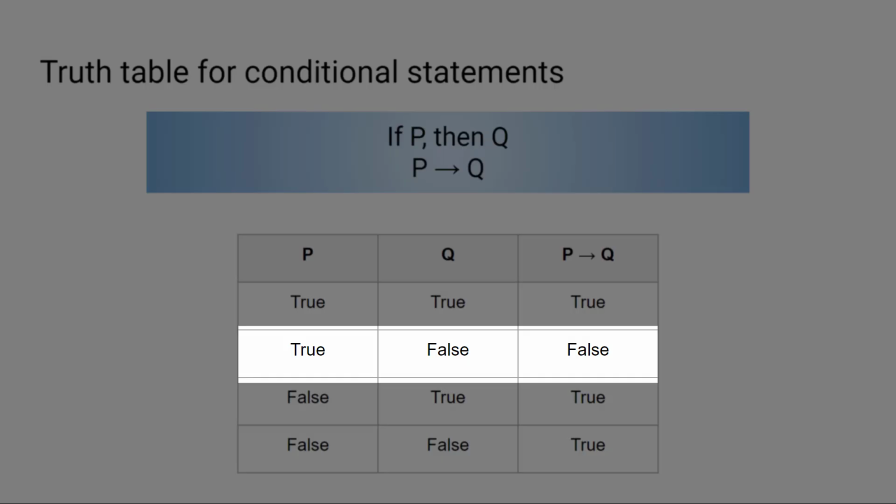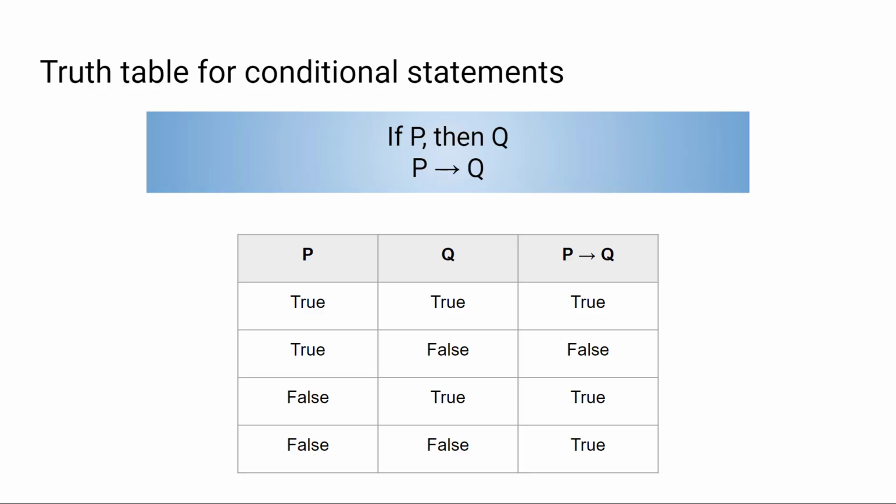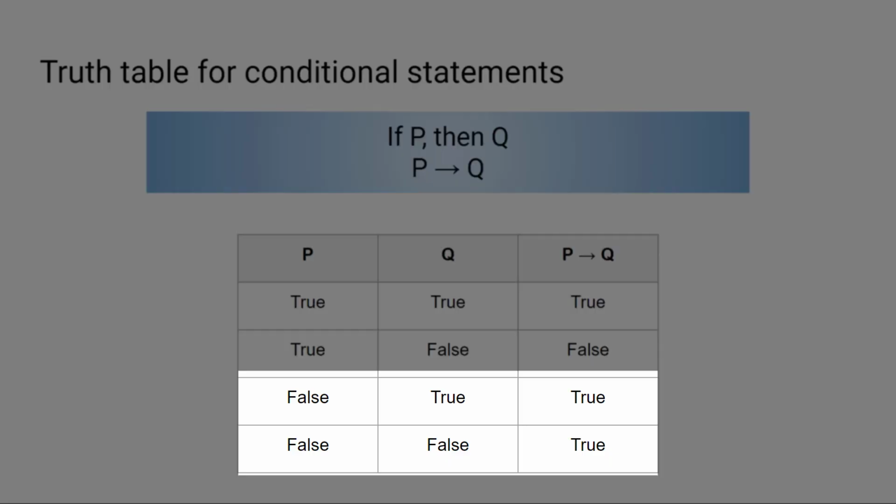And if the hypothesis is true but the conclusion is false, then the conditional statement is false. If the kids clean their room but I back out of getting ice cream, I have not kept my promise. If you speed but do not get a ticket, the law has not been enforced properly. Now, if the hypothesis is false, then if the conclusion is true or if the conclusion is false, the conditional statement is still true.